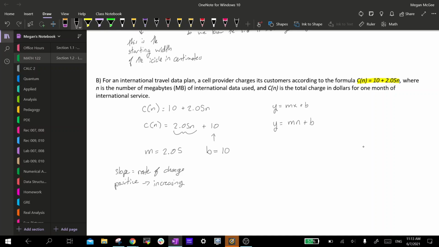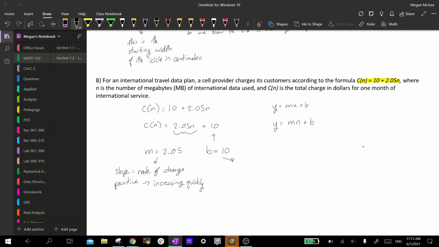So I'd say this is increasing kind of quickly. Alright, it's a kind of a large slope. So we can say this is increasing quickly, depending on how quickly you really go through megabytes of data, right? Okay, so that's our interpretation of slope.